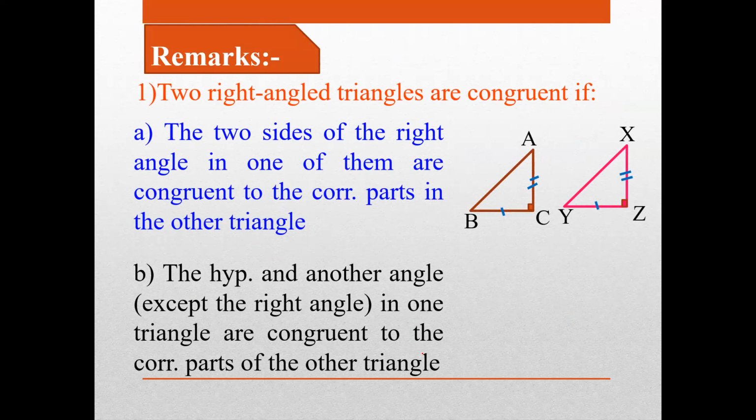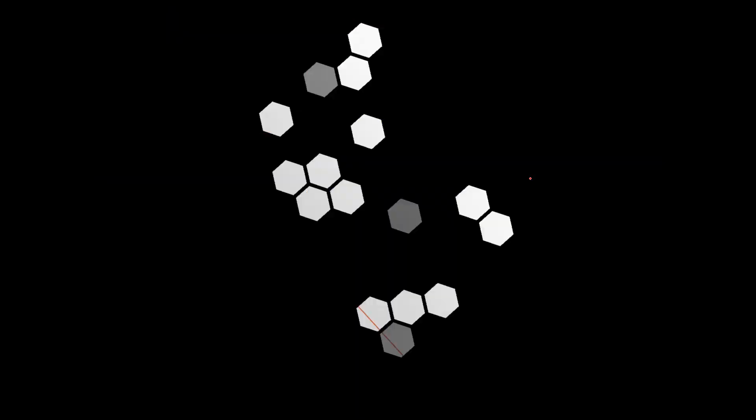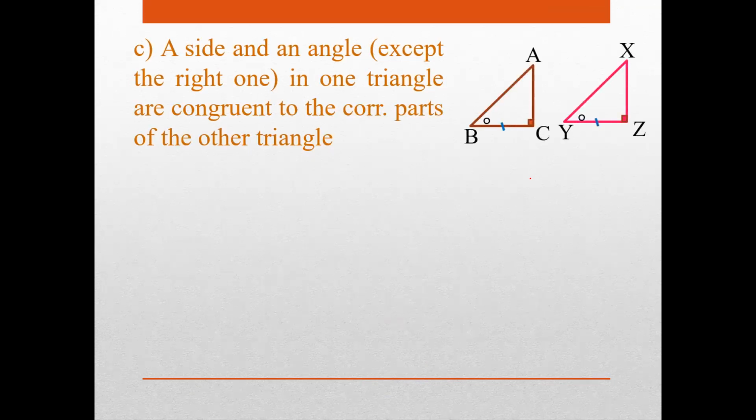Or if the hypotenuse and one of the other angles except the right angle in one triangle are congruent to the corresponding parts of the other triangle. Or a side and an angle, except the right angle, in one triangle are congruent to the corresponding parts of the other triangle.